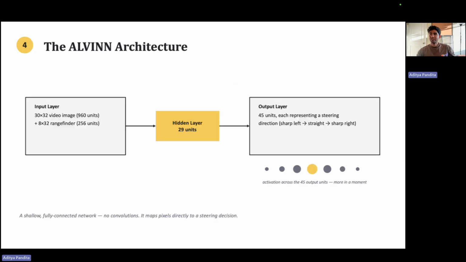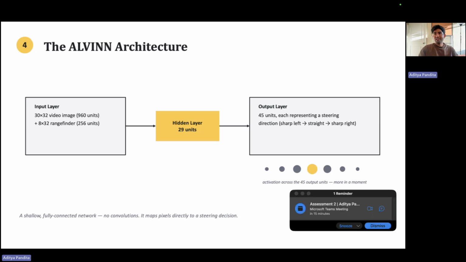So, ALVIN's architecture. The input layer contains two sensors: a low resolution 30 by 32 video image, that is 960 units, and an 8 by 32 rangefinder image, 256 units, that gives rough distance or obstacle info. These feed into a single hidden layer of just 29 units, which is quite small by today's standards.